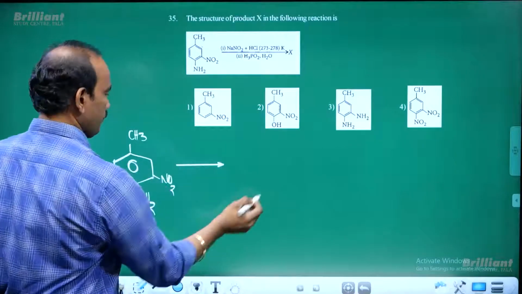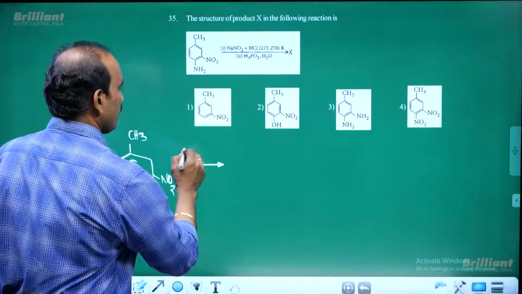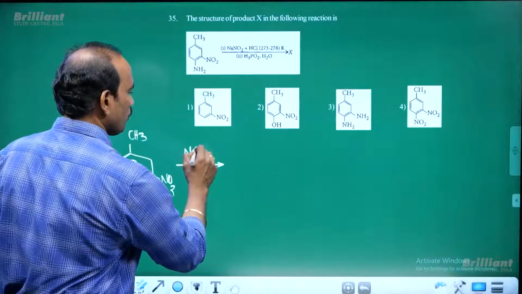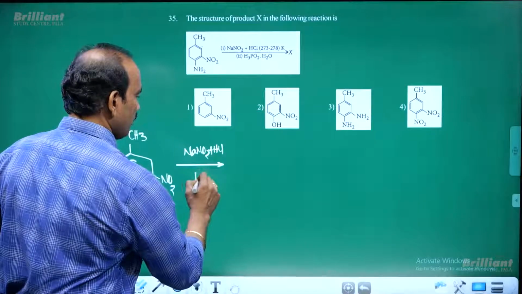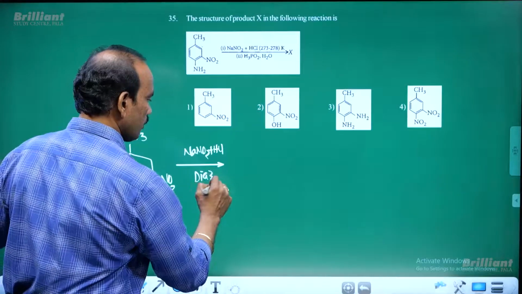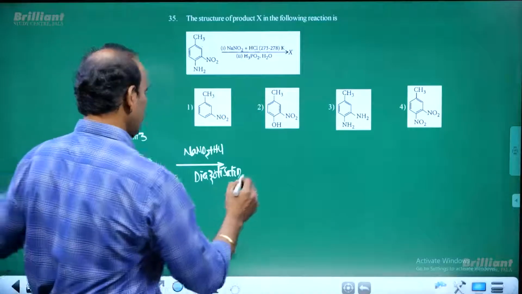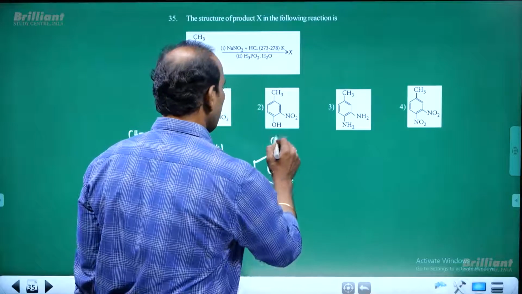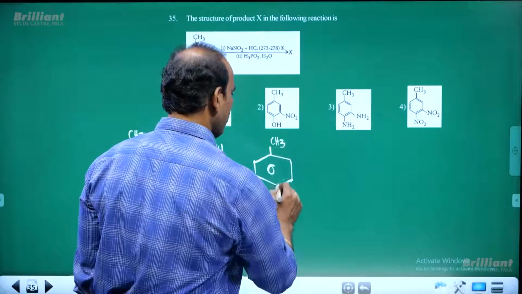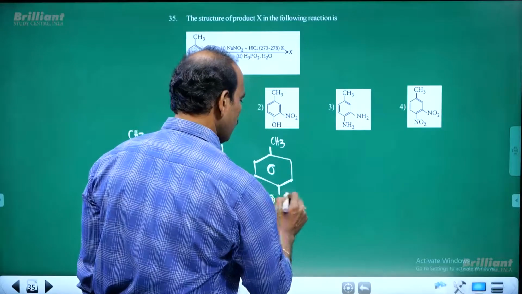Then this is diazotization. Then NaNO2 plus HCl. Diazotization. Here the amino group changes to benzene diazonium chloride, N2+ Cl-.